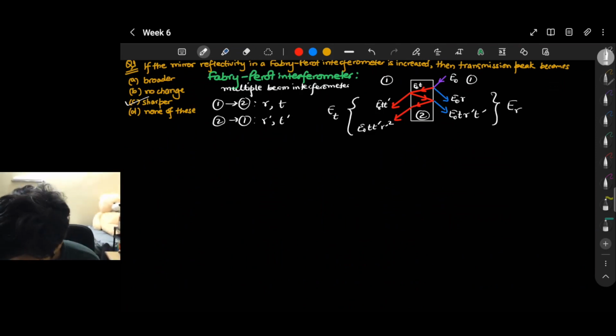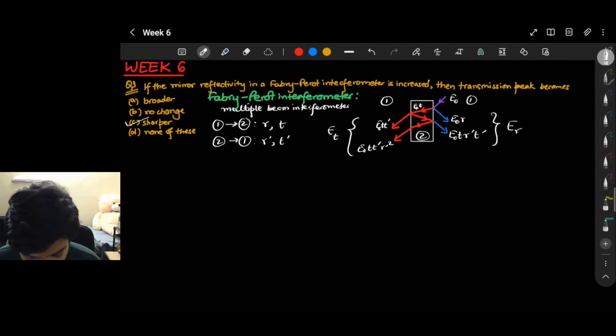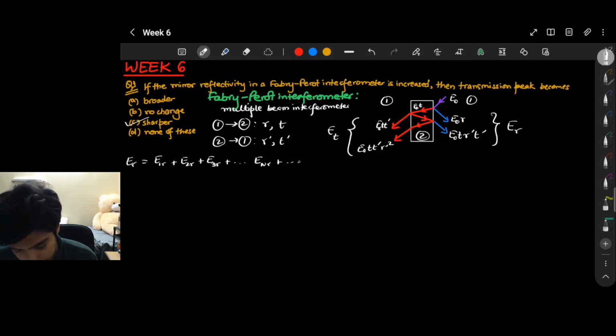So let me write down now for the reflection case first. So we have ER, which is nothing but E1R plus E2R plus E3R plus so on and so forth up until ENR, and then even more.